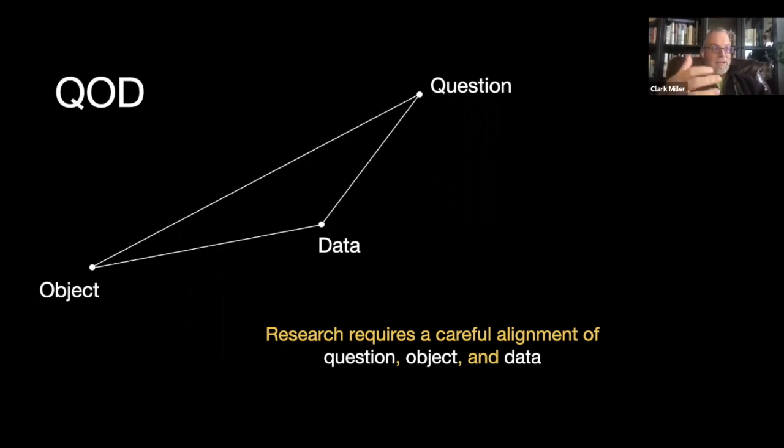And then you got to go get some data, some evidence, some insights, whatever you want to call this, right? People often think about quantitative data, but that's not what we're talking about here. We're talking about any kind of information, data, evidence, insights that can help you answer your question about your object, right?